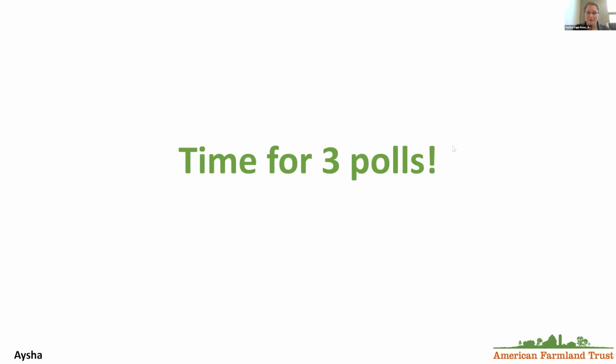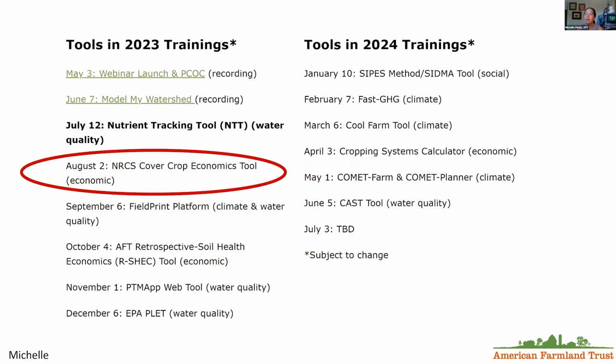And it looks like most people have heard of the nutrient tracking tool, but have not used it. So thank you all. Great, thank you. It's always nice to know who's in the room because it differs every time. And I noticed many of you did not fill out the poll, but that's okay. Thank you to those of you who did.